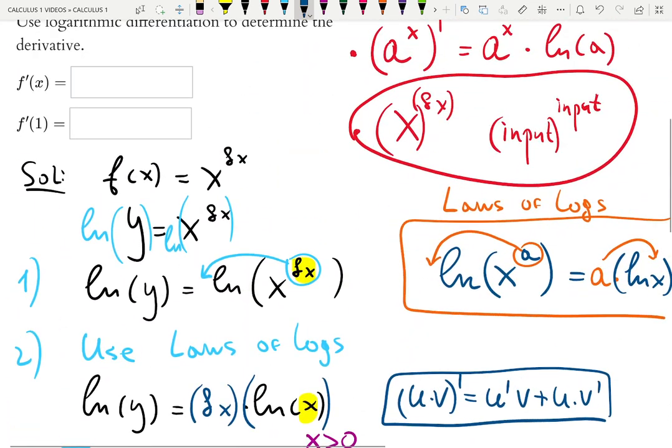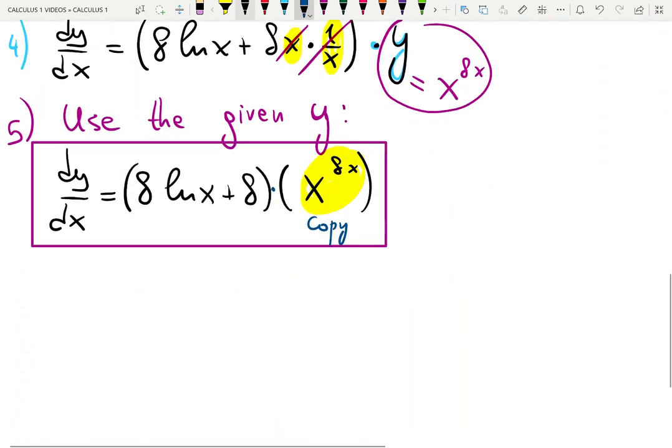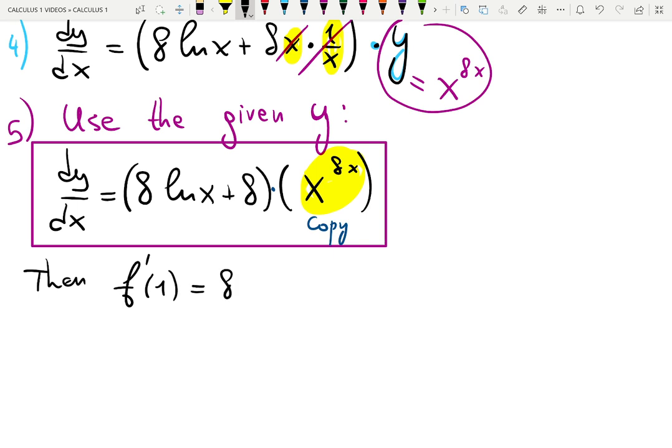So we answered part 1. The second part says, let's plug 1 inside of this answer. Then f prime of 1 will be, in parentheses, 8 ln of 1 plus 8, times 1 raised to the 8 times 1.